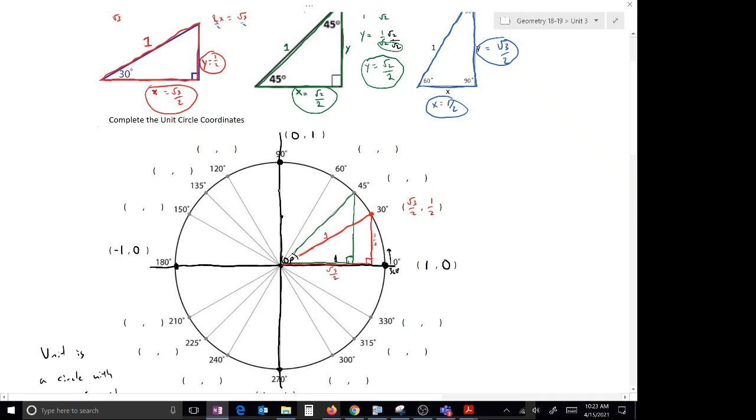Our horizontal distance would be √2 over 2, and so would our vertical distance. So those would be the coordinates at this 45 degree angle.